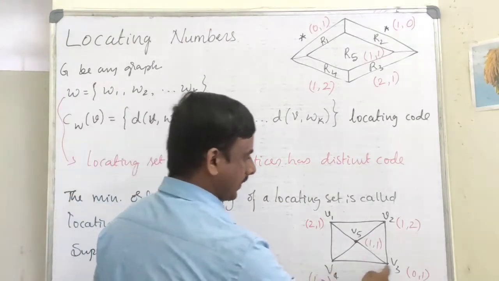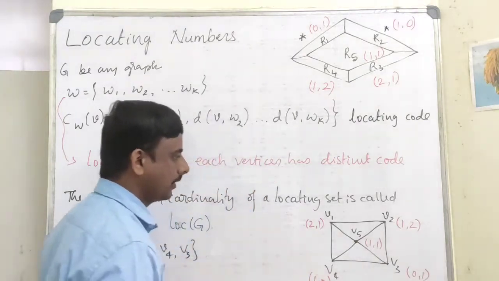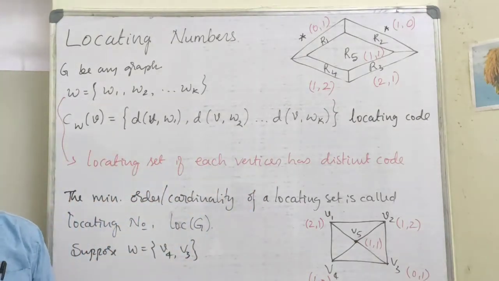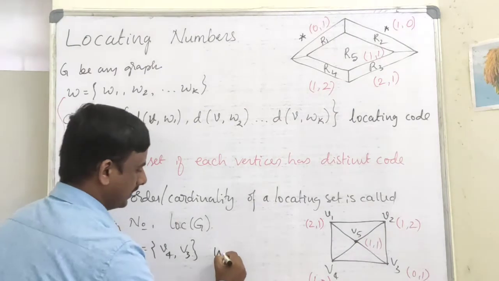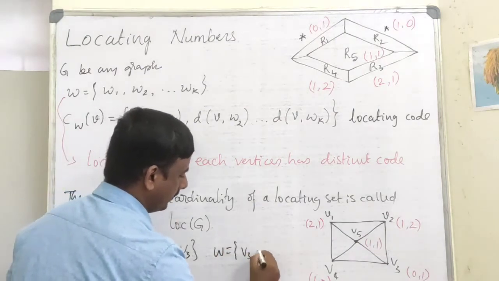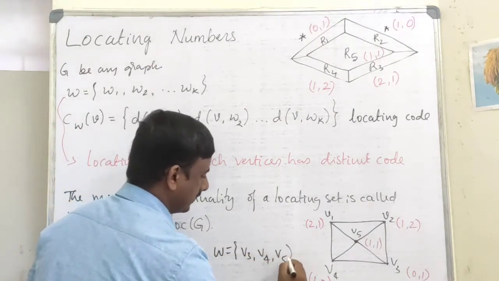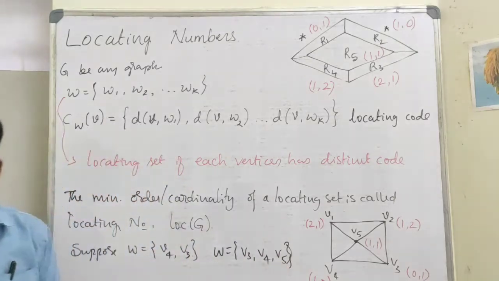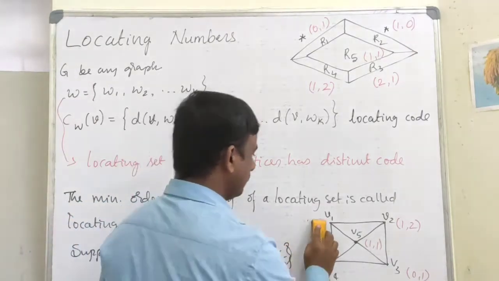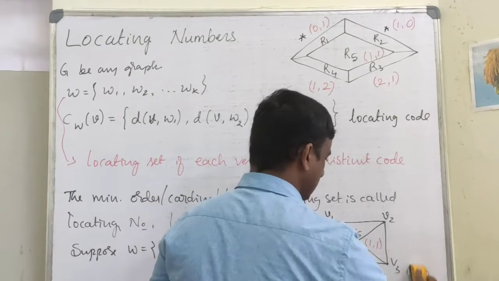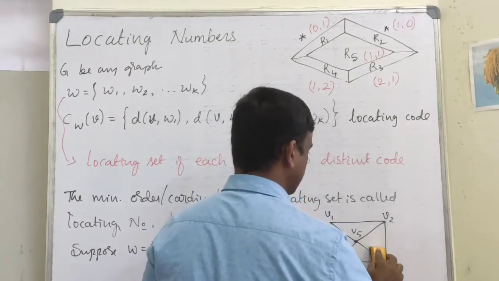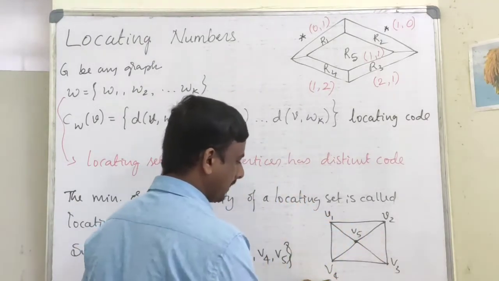Similarly, you take three vertices V4, V5, V3. Suppose W equal to V3, V4, V5. Now let us see whether it will be a locating set. Easily you can check that each vertex gets a different code now.